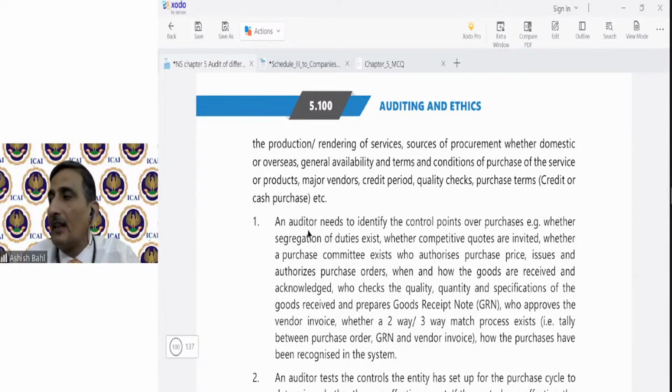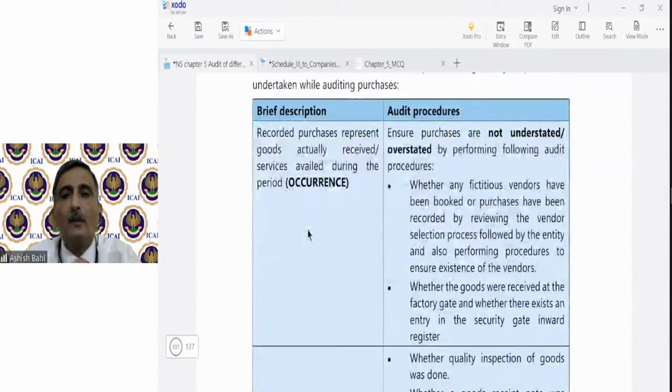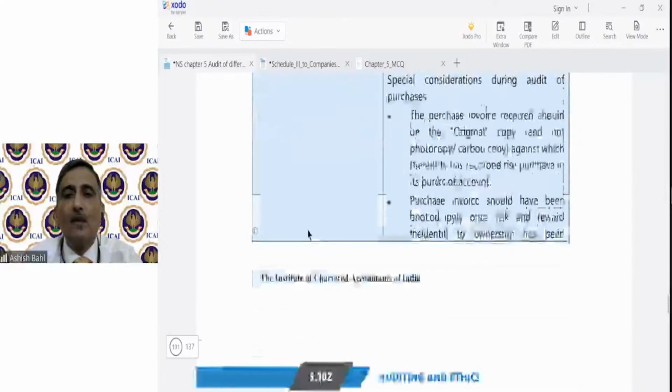So these kinds of things he would be doing to test various assertions pertaining to purchases. Okay. So again, for occurrence, he would see that purchases are not understated or overstated by performing the usual procedures. So this we have discussed.